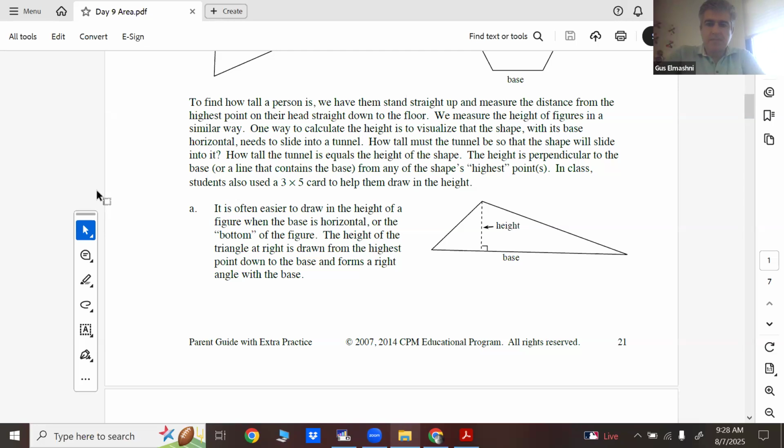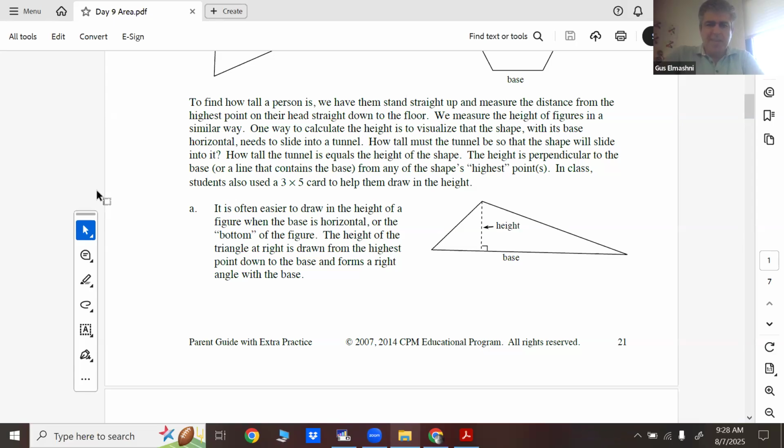How tall must the tunnel be so that the shape will slide into it? How tall the tunnel is equals the height of the shape. The height is perpendicular to the base or a line that contains the base from any of the shape's highest points. In class, students also use a 3x5 card to help them draw in height.